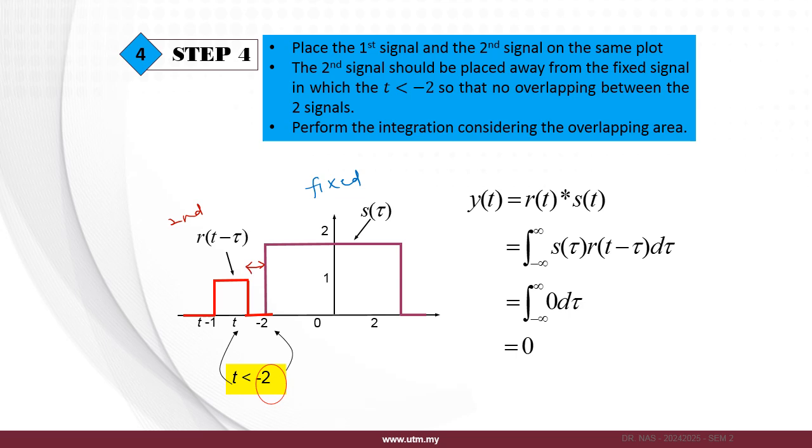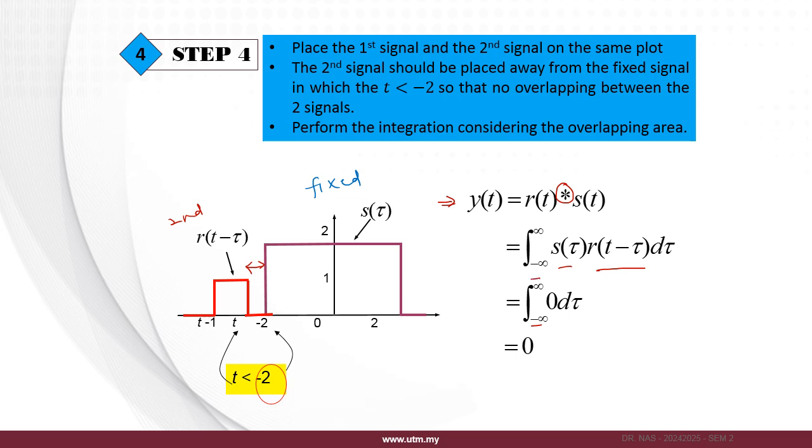In this case, you need to perform the first integration by using the convolution theorem given by this equation: r(t) convolved with s(t). In integral form, it is equal to the integral of s(tau) r(t minus tau) d tau, where the range is from negative infinity to positive infinity.